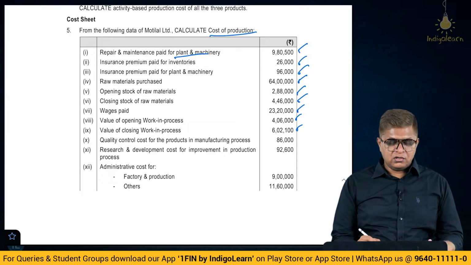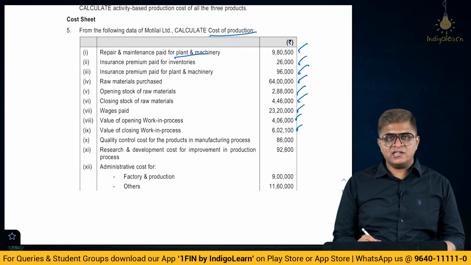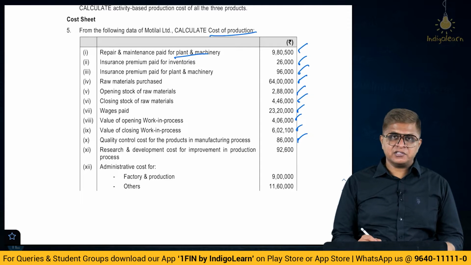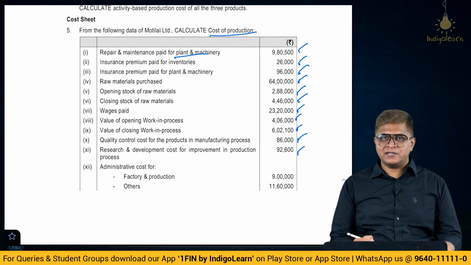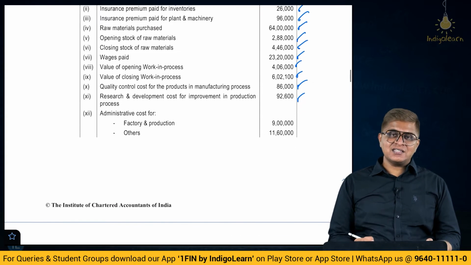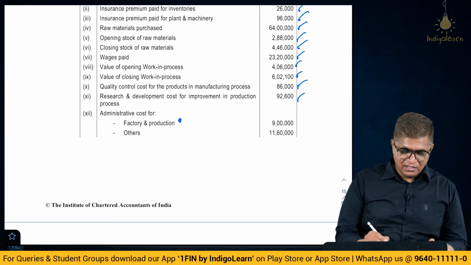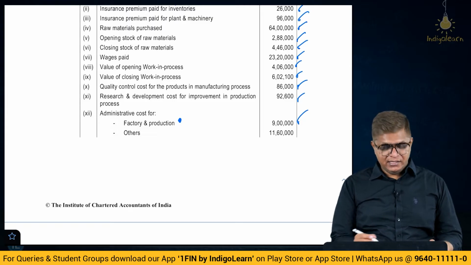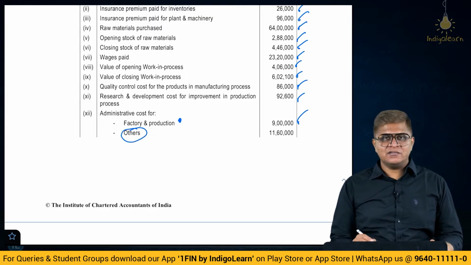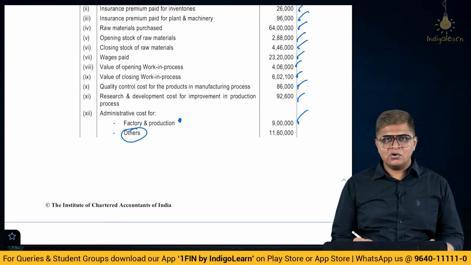Quality control cost for the products in the manufacturing process, this also needs to be considered. R&D cost for improvement in production process needs to be considered as a part of your production cost. Then administrative cost. Now administrative cost for factory and production is going to get included in our cost sheet, but other administrative cost which are admin in nature is not going to get included in our cost of production.